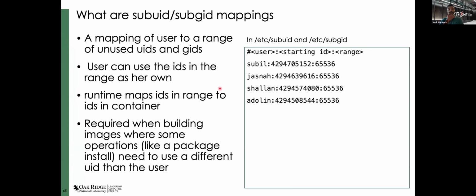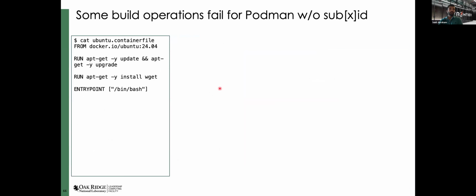Podman, what Podman sometimes requires is being able to switch to some other UID during a container build process. This is particularly seen if you're trying to build an Ubuntu-based container image. Say, for example, you're pulling an Ubuntu container and then trying to run apt-get to install some package.